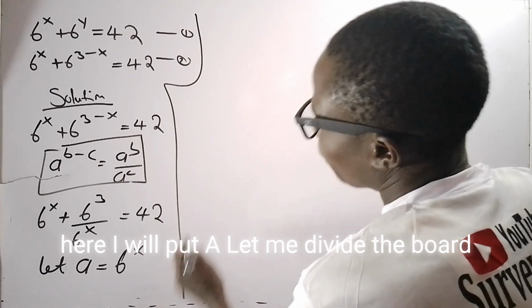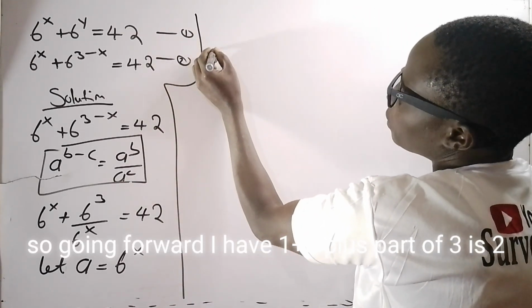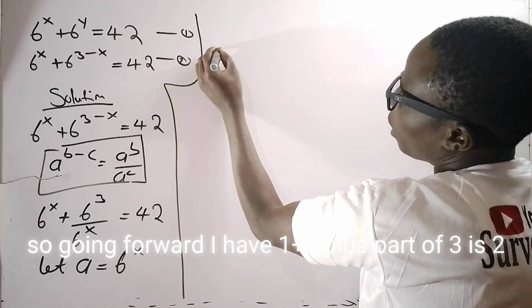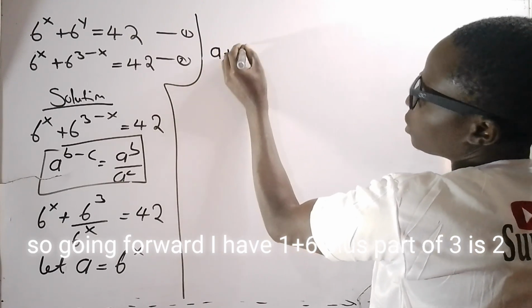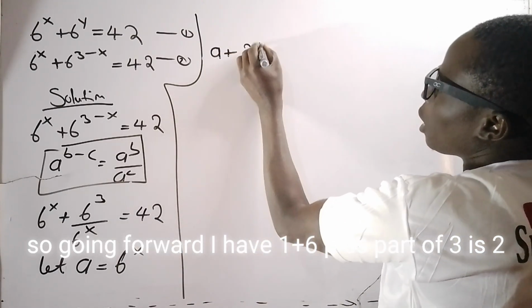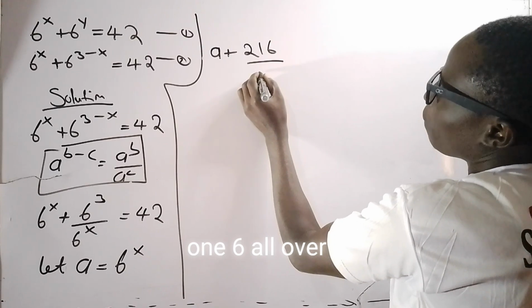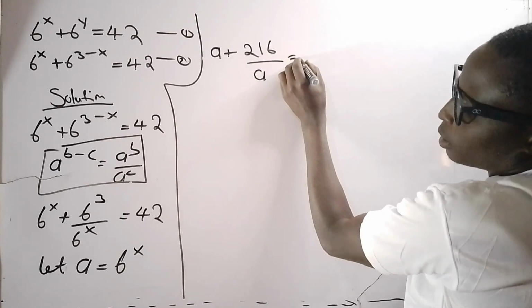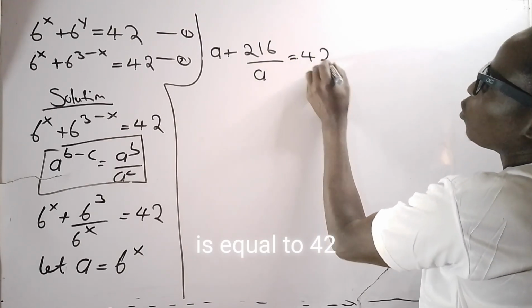Let me divide the board. So going forward, I have a plus 6 raised to the power of 3, which is 216, all over a is equal to 42.